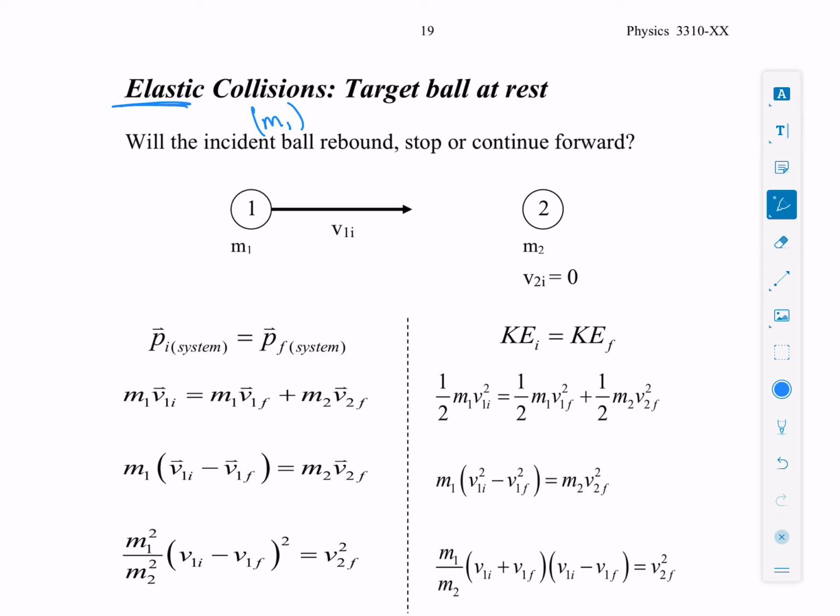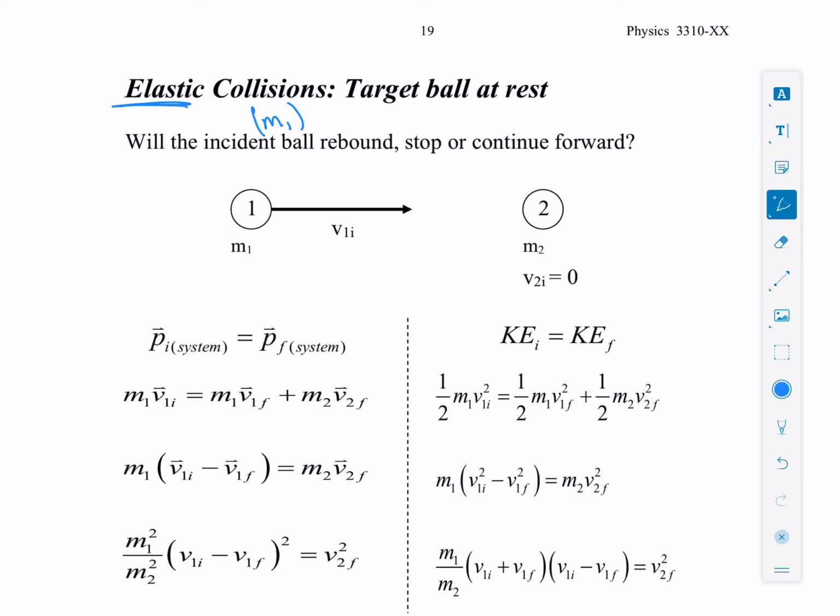Now, in theory, we would predict, but I'm just going to tell you. What this actually depends on is the masses. It depends on whether M1 is greater than, less than, or equal to M2. And depending on what the relationship between the masses is, will determine whether it will rebound, stop, or continue forward.